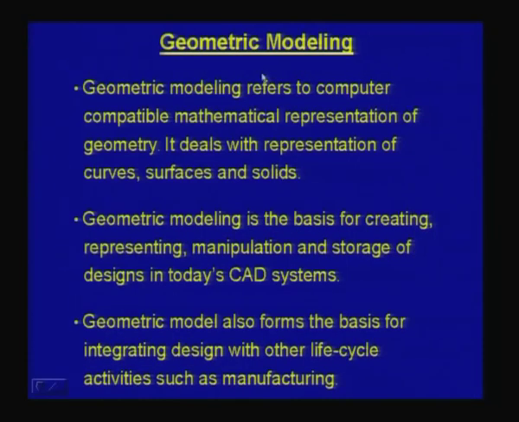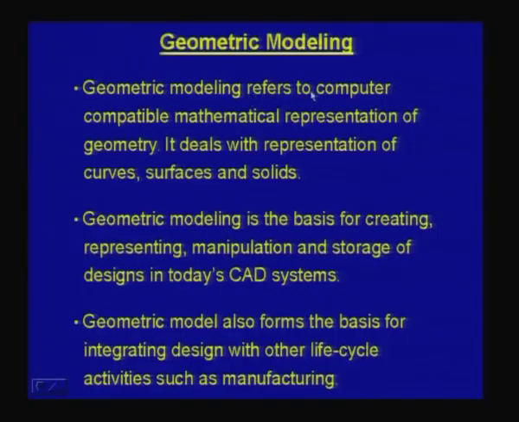Next, I will go to a major application of computers in design, which makes use of what is called geometric modeling. One can say that the heart of many of the CAD systems used today is geometric modeling, which is considered to be the core of it. What is geometric modeling?